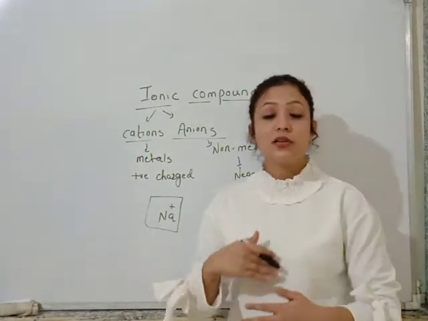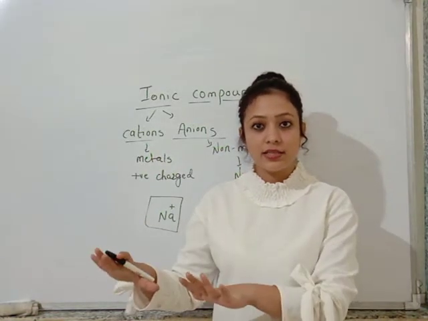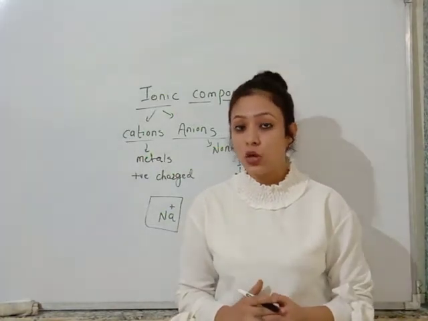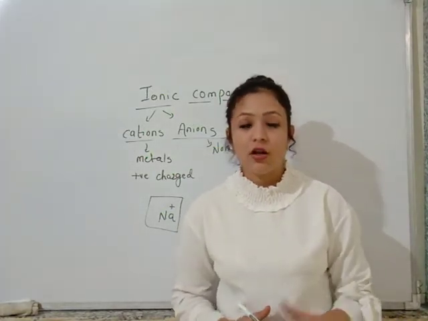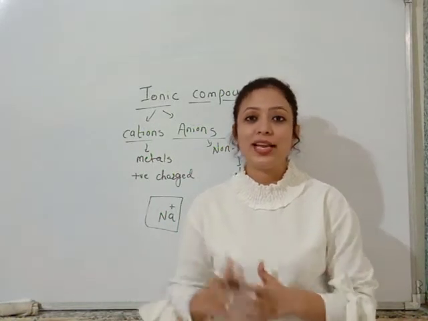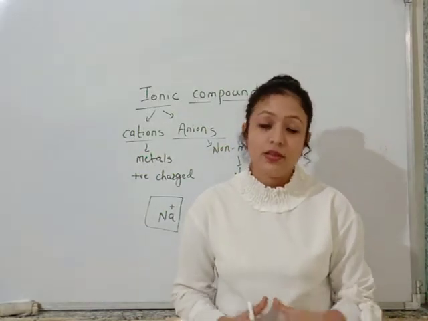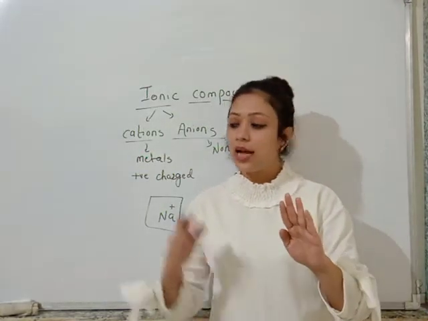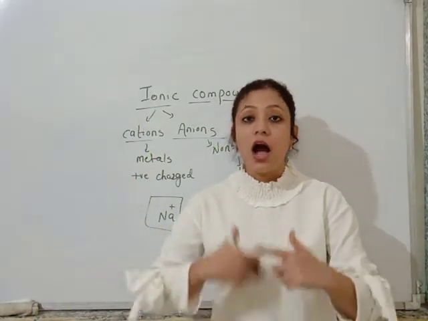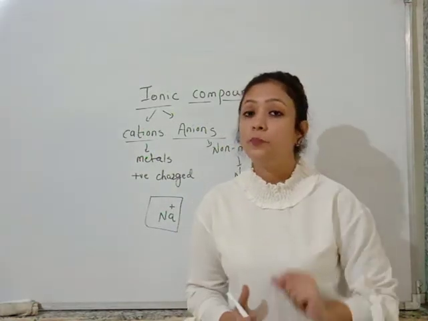But when sodium loses 1 electron, the protons remain the same in number while 1 electron is lost during the reaction. Due to the loss of 1 negative charge, only 10 electrons remain in the atom. If we compare the total number of electrons and protons after losing 1 electron, you will see that there is 1 extra positive charge.